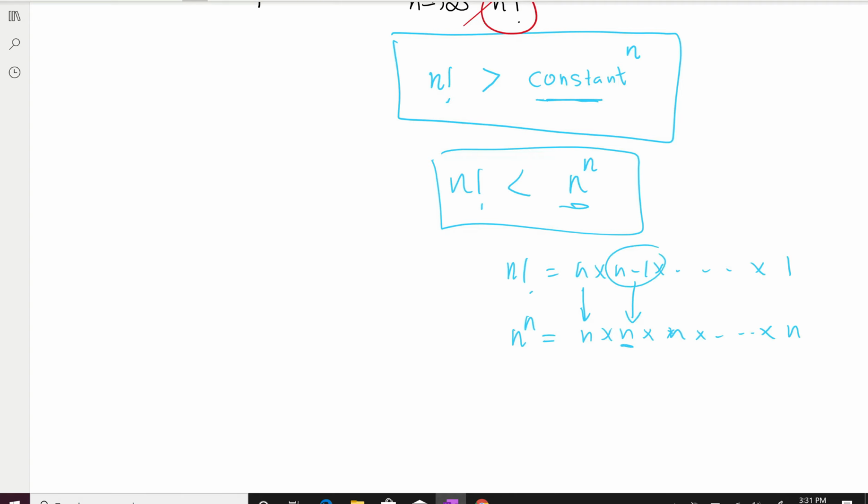So each term of n factorial is smaller than or equal to the corresponding term of n to the power n. Because of that, n to the power n is larger than n factorial when n gets really large. So these are two facts that will be helpful when you are taking limits of terms involving factorials and exponentials. You need to figure out what grows faster than what when n gets large.